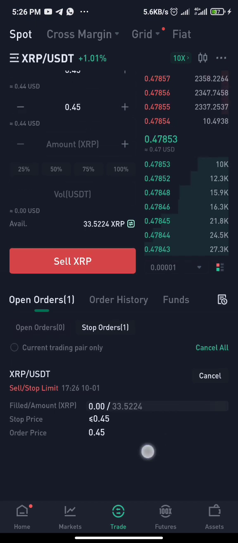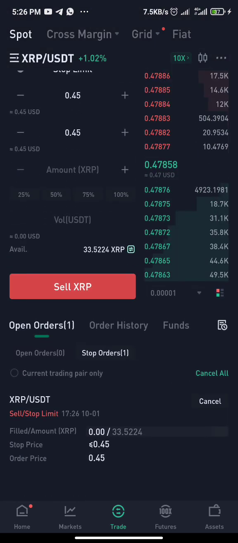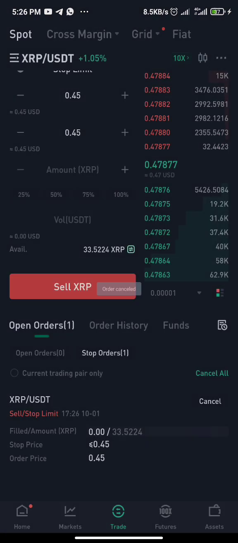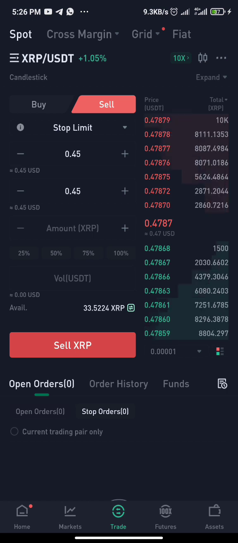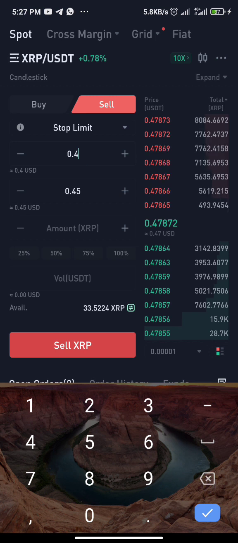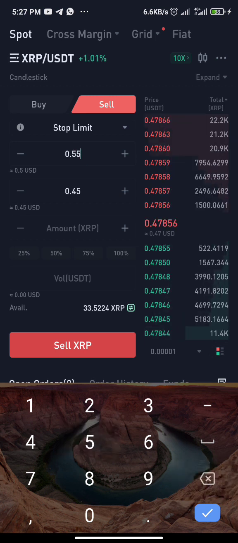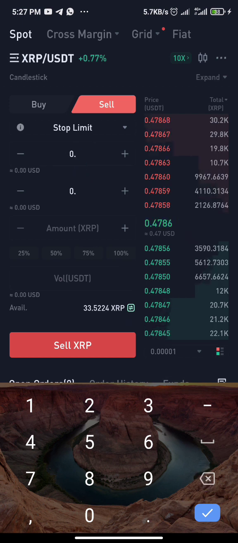So that's for that. And if you want to set take profit also, let me cancel this. Maybe when price gets to like 0.6 or 0.55, that's above the current market price, so that let me take profit. Okay, let me just use 0.6, it's still above the current price.